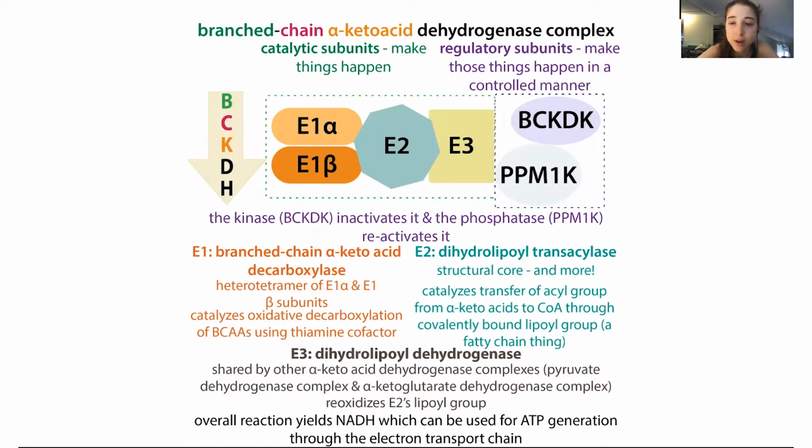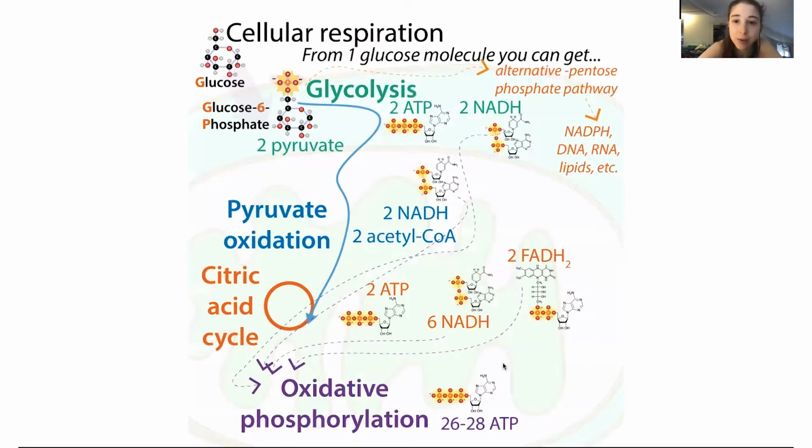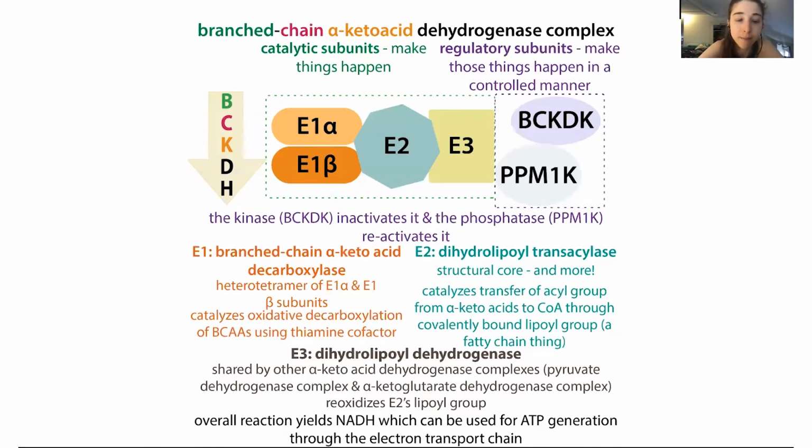Speaking of complex, this is done with this branched chain alpha keto acid dehydrogenase complex. This complex is a bunch of proteins loosely held together in the mitochondrial membrane. The mitochondria is the powerhouse of your cell, where all of this energy making is going to be happening, and the mitochondrial membrane is where this can take place.